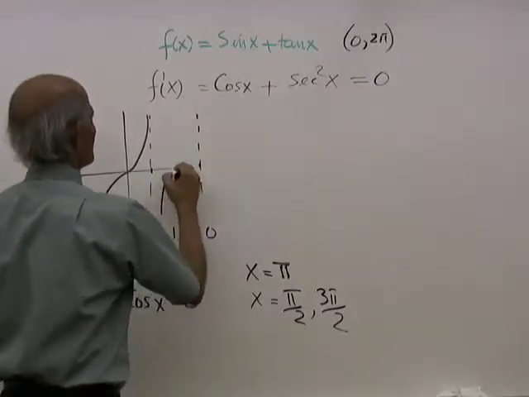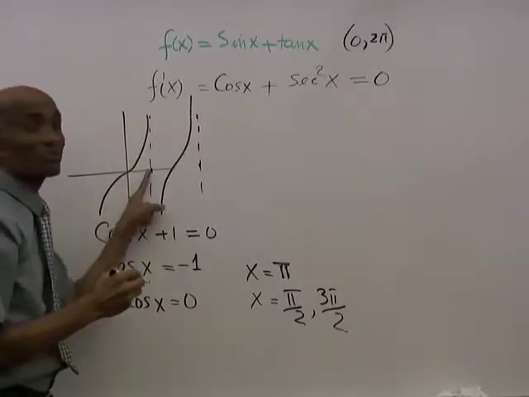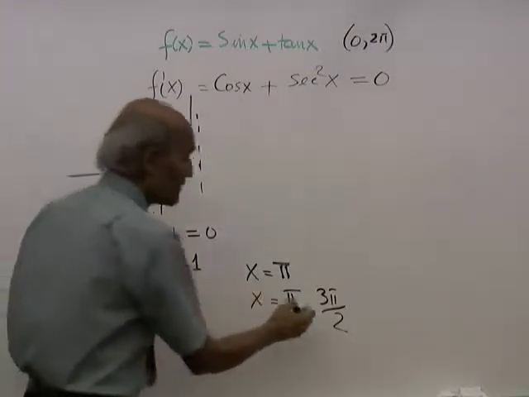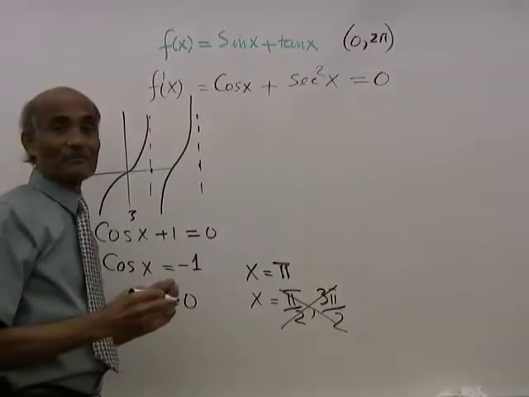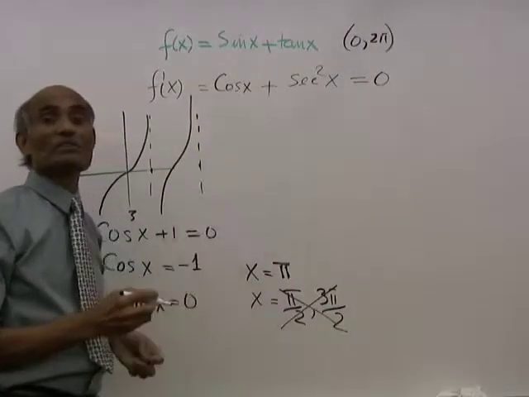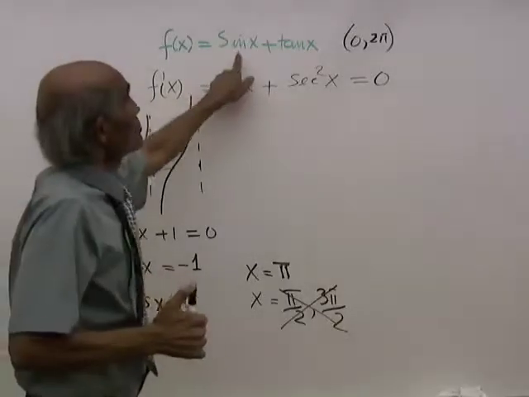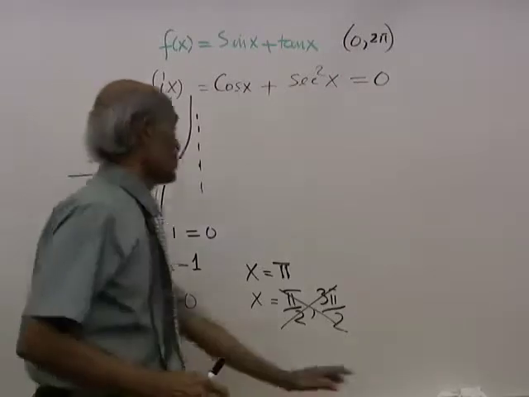You will get the tangent graph going like this. So pi by 2 is not in the domain, 3 pi by 2 is not in the domain. Therefore, these are not critical numbers, because those are not in the domain of the function. Alright, can you now draw the graph of this and see how that looks?